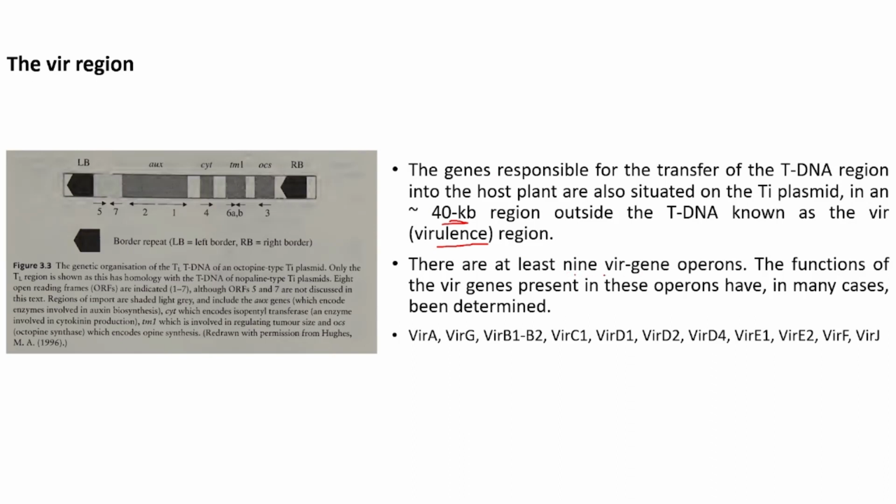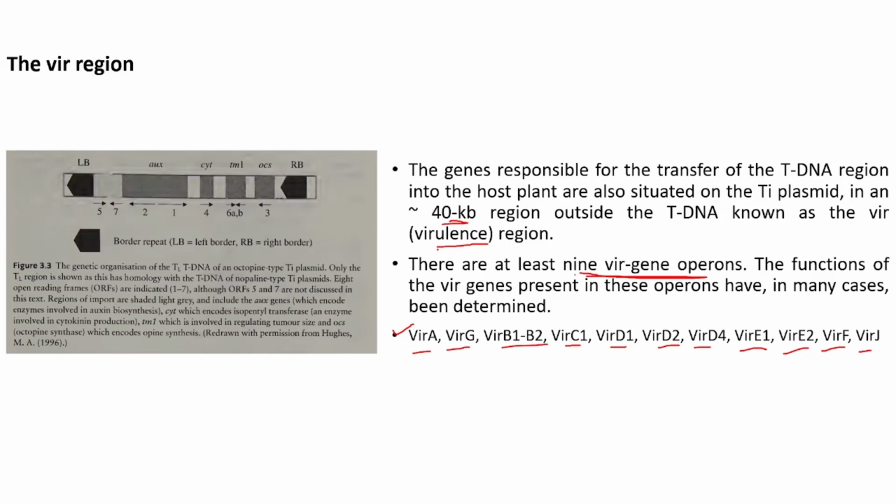There are roughly at least 9 VIR gene operons that have been reported, and the most important ones are these: VIR A, VIR G, VIR B1, B2, VIR C1, VIR D1, VIR D2, VIR D4, VIR E1, VIR E2, VIR F, and sometimes VIR J. More specifically, these VIR operons help in the transfer of the tDNA from the bacterium into the plant cell.